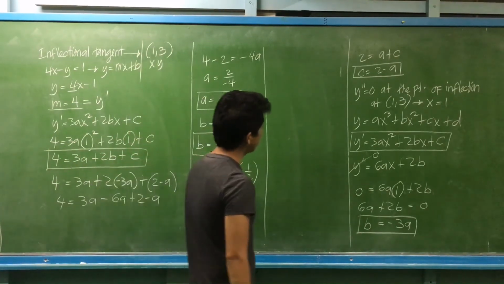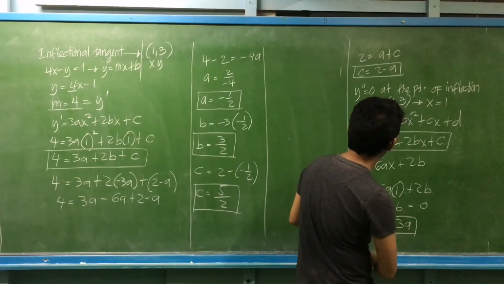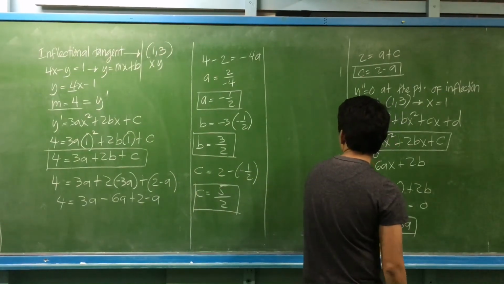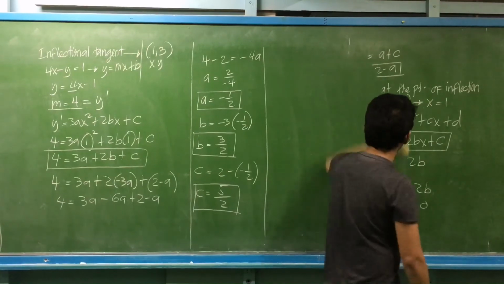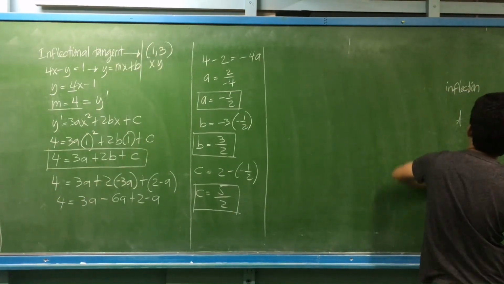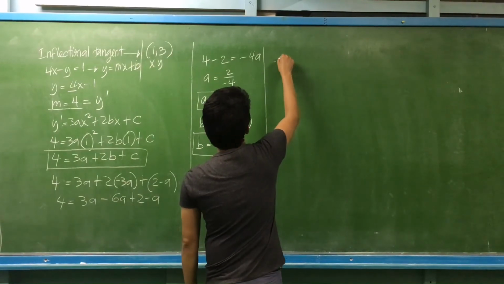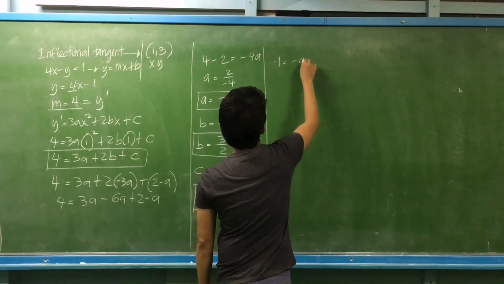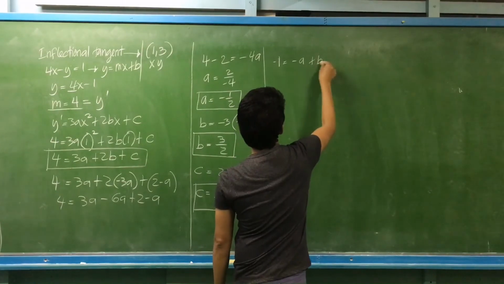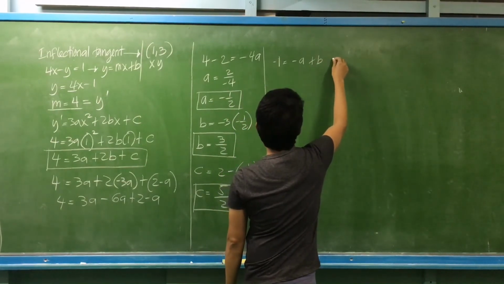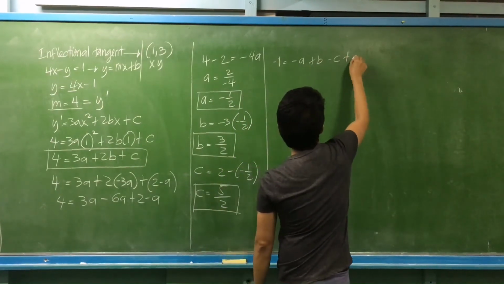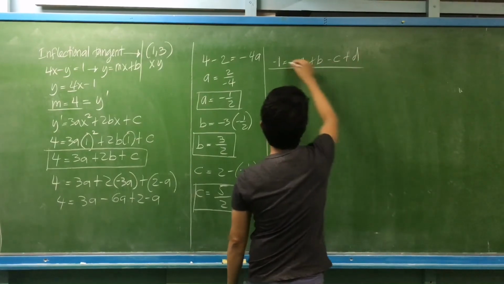I think not, we have not yet isolated D. Was there one earlier? I think we have the first one, at negative 1. That is, negative 1 is equal to negative a plus b minus c plus d. I think this is the first equation.